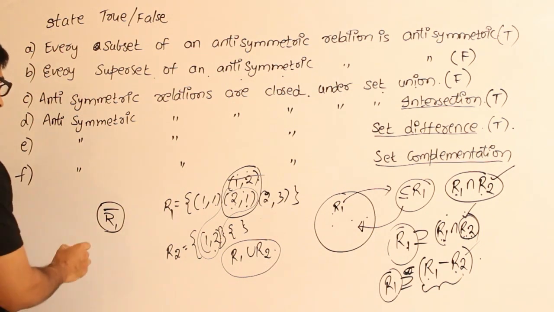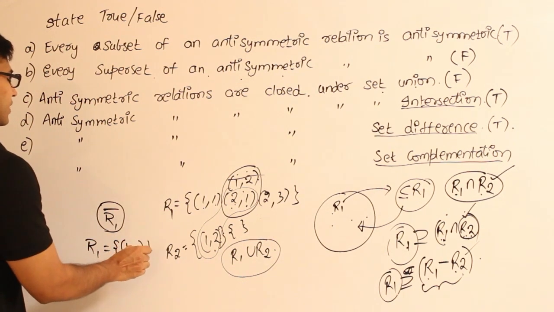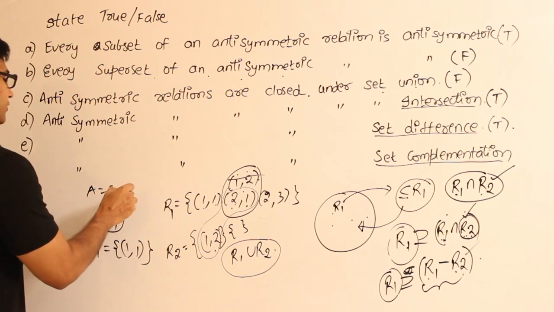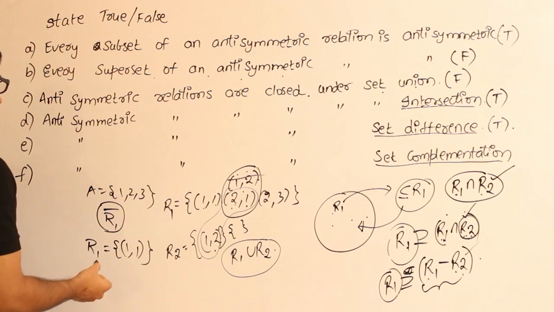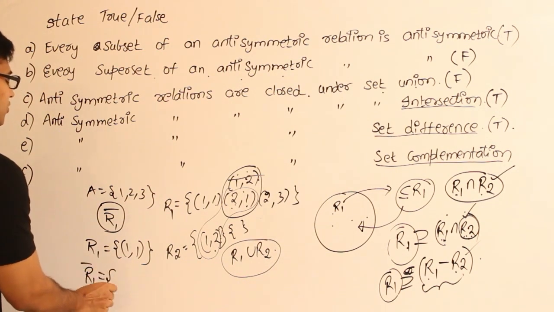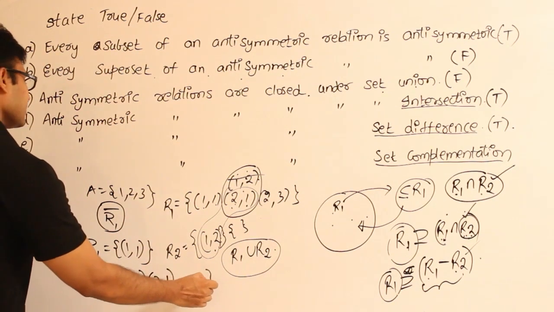You can take an example and see this. Let us say R1 equals {(1,1)}, and let us assume that these are relations on a set A equal to {1,2,3}. Now what can you say about R1 complement? Definitely R1 complement is going to contain (1,2) and (2,1) and many other ordered pairs, but I don't care.